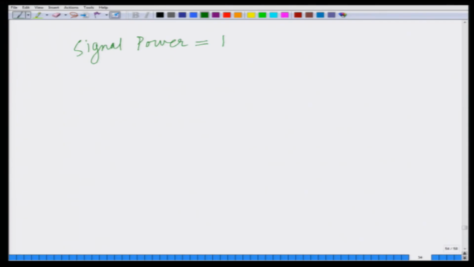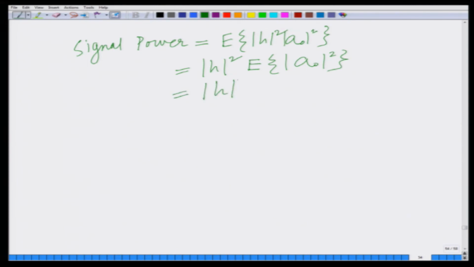Signal power equals expected value of magnitude h square magnitude a0 square, which is magnitude h square times expected value of magnitude a0 square. But expected value of magnitude a0 square is simply the transmitted power. So, the signal power is P times magnitude of h square, where h is the channel coefficient.